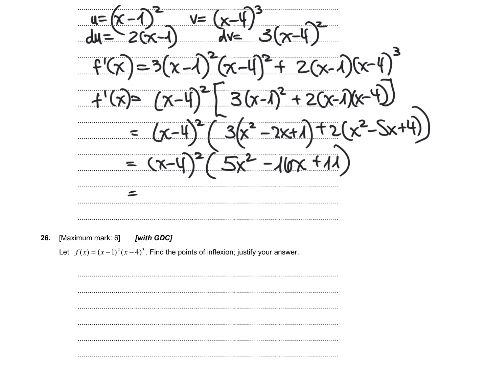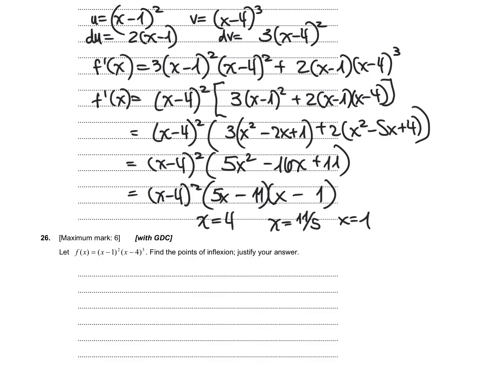And then we should hopefully be able to factor this because they want us to find the stationary points. So we need 11 and 1 here, and we need negative and negative. So that's 5x squared minus 5x minus 11x, which is the negative 16x, and then plus 11. So that means our critical points are x equals 4, x equals 11 fifths, and x equals 1.